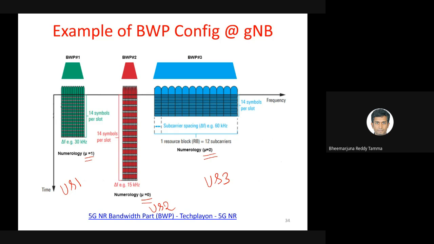In this example, I am showing you the bandwidth part in a quite simplistic manner. I am showing you only one resource block, which is 12 subcarriers in the frequency domain and 14 symbols in the time domain.